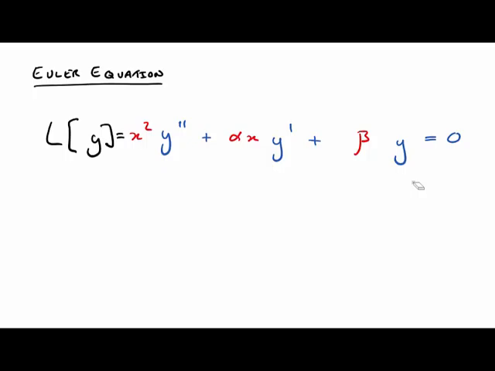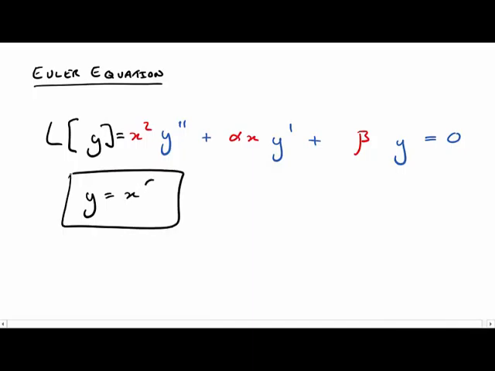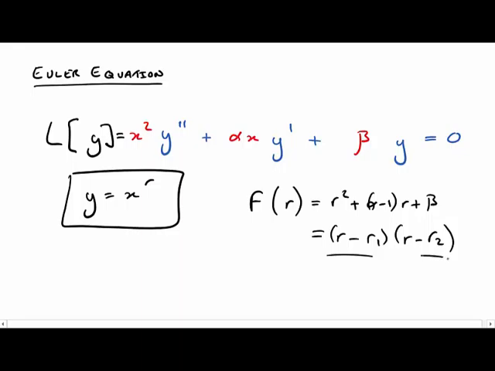And basically, the way in which we solve this equation, and again, I'm going to talk about where the solutions come from, is that we look for a solution y equals x to the power of r, that's the solution which we're after, and it comes from solving this thing over here, so it's r squared plus alpha minus 1 times r plus beta, which basically simplifies down to r minus r1 times r minus r2. So these are the two roots that we're looking at, r1 and r2.